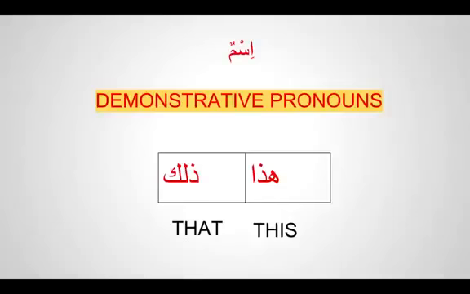So we'll be beginning with Hadha. If you see here, how do we write and how do we pronounce? We write Hadha as Hadha. You see, it's a short sound. It's not a long sound. But we pronounce this as Hadha.